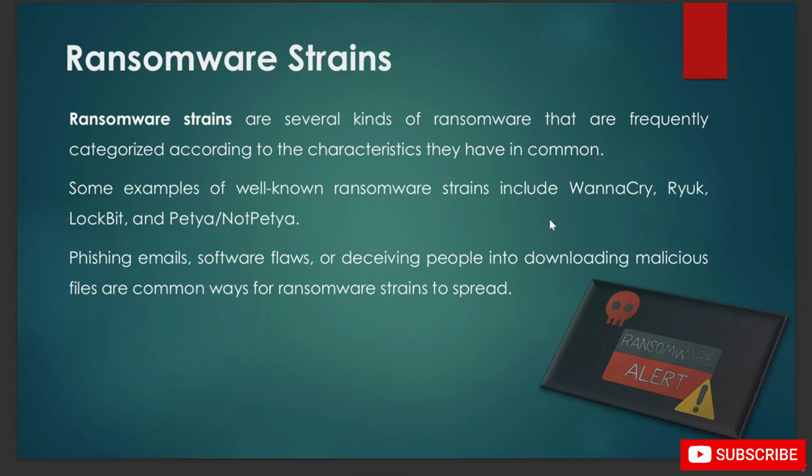So that means the threat vector, that is the channel which these ransomware use to attack their victims, is what? Phishing emails, software flaws, or deceiving people into downloading malicious files, which I call social engineering. All right. So this is what we call ransomware strains. There are just several kinds of ransomware that are frequently categorized according to the characteristics they have in common.